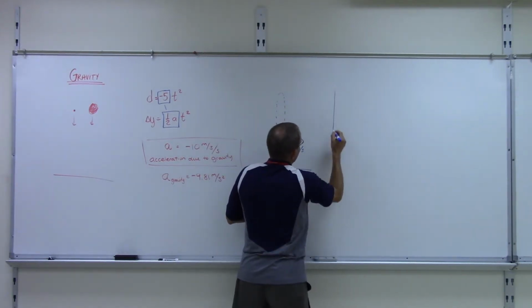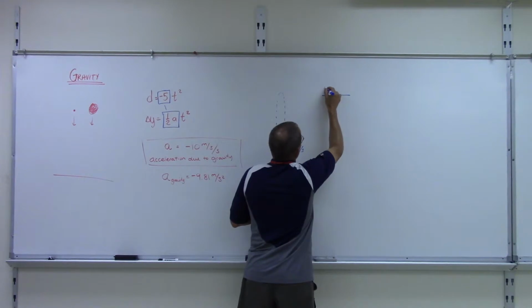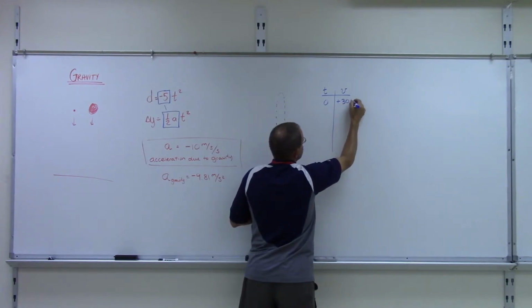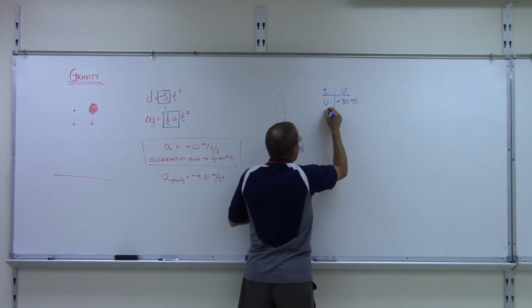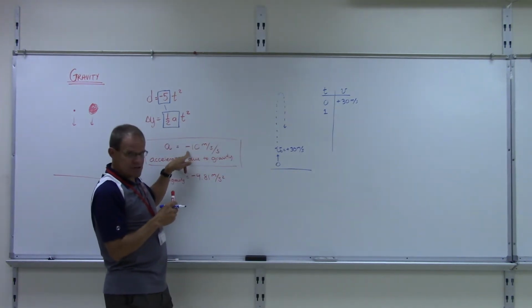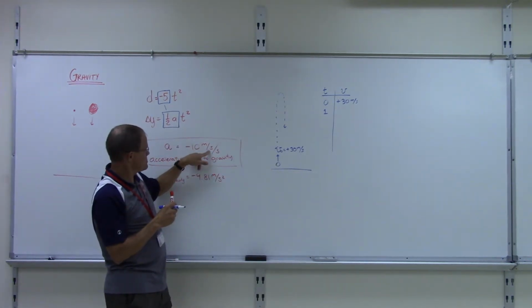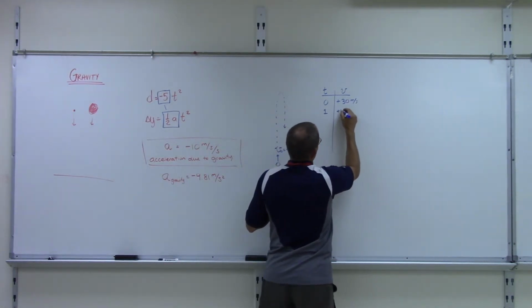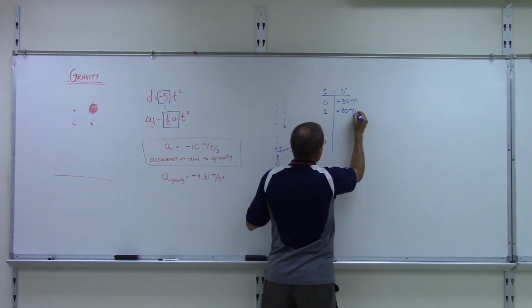And so if we make a little table of the time and the velocity, at the beginning of our problem, t equals 0, our velocity was 30 meters per second. But after 1 second has passed, gravity will decrease our velocity by 10 meters per second every second. So after 1 second, now we're only going 20 meters per second upwards.